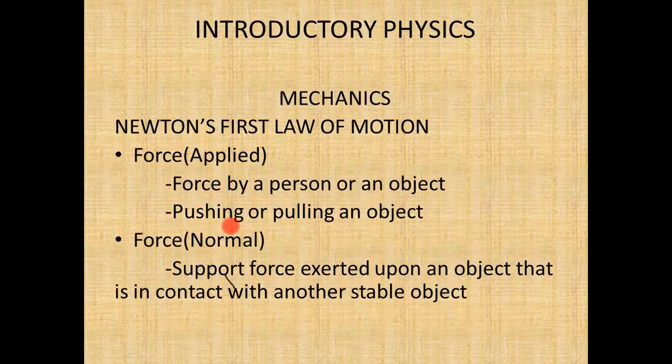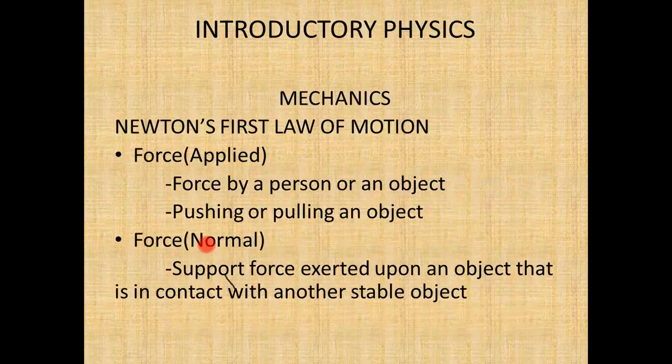So it's a force by a person or an object, and it's either a push or a pull on an object or a person. Okay? So this is a basic definition of applied force. It's a force that is applied to an object. Either you push or you pull.